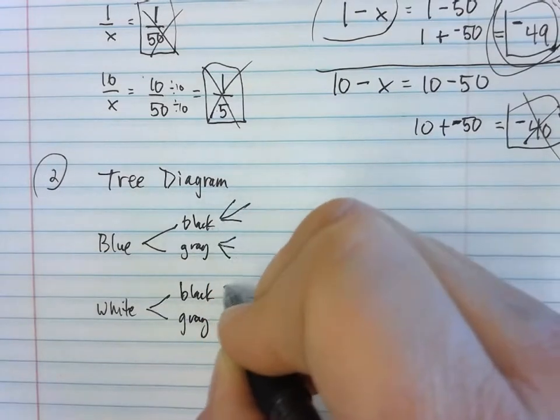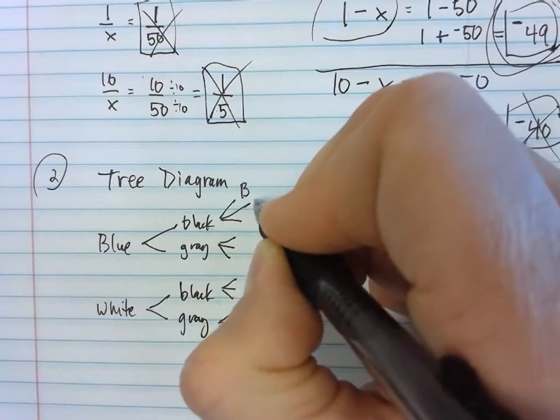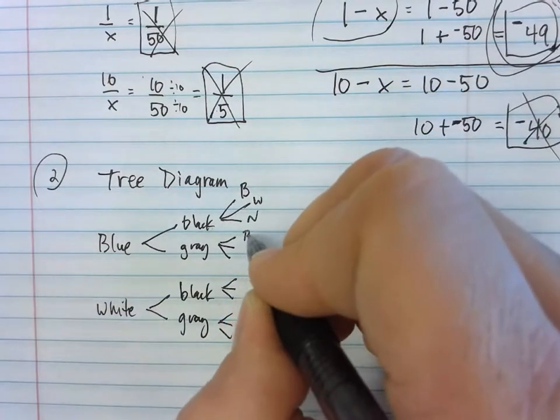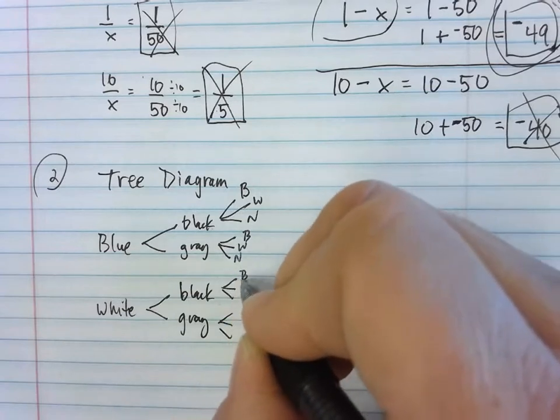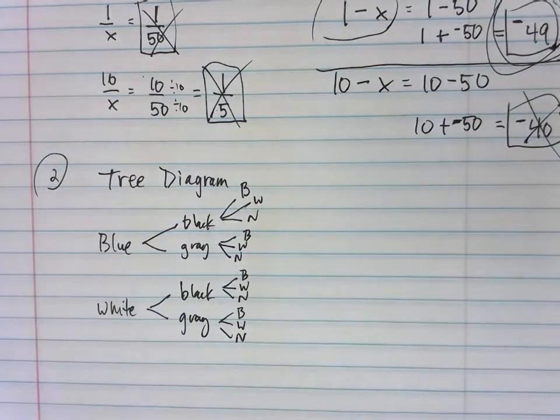Might have 3 of those. Let's say we've got black, white, and just for fun, let's do navy. Black, white, navy. Black, white, navy. Black, white, navy.